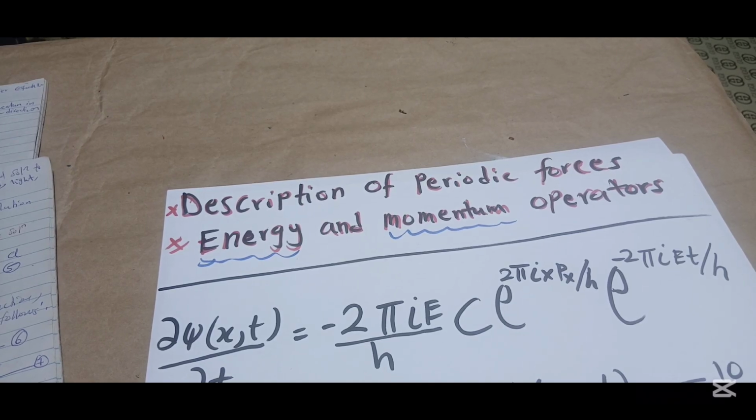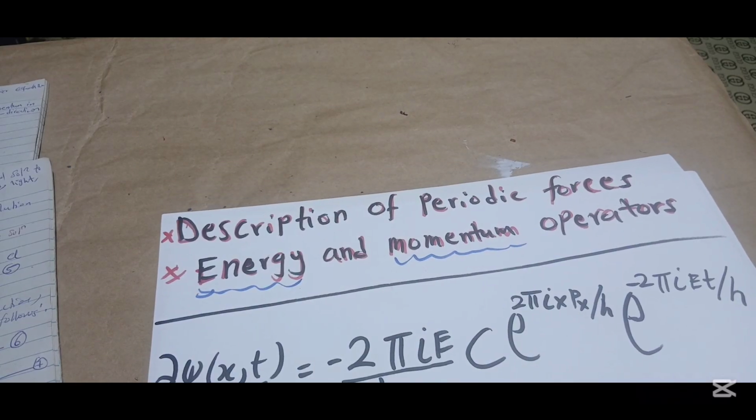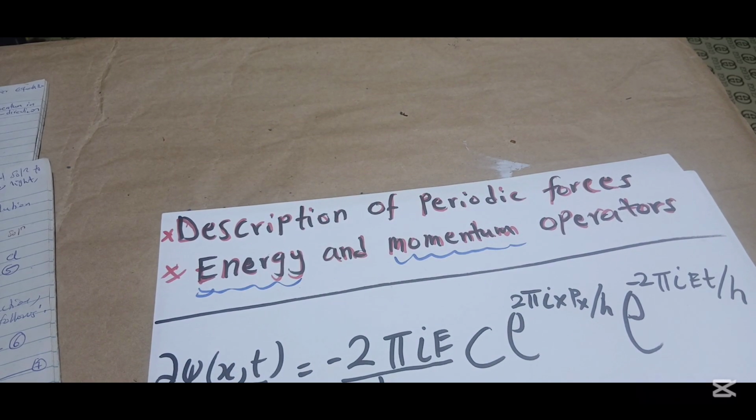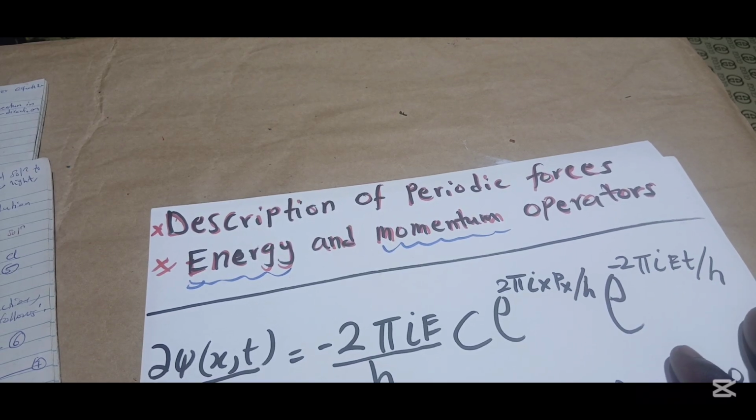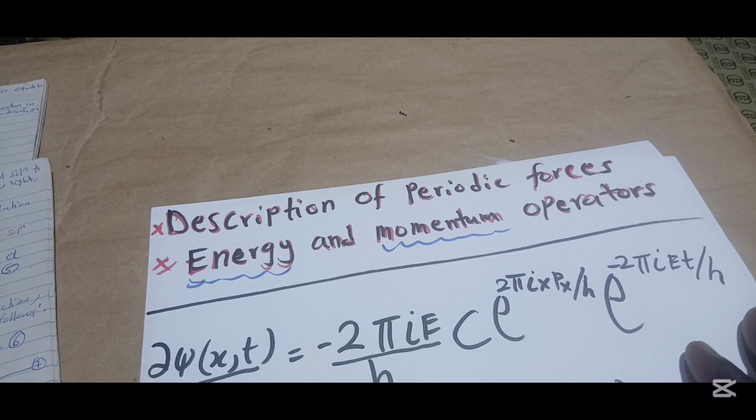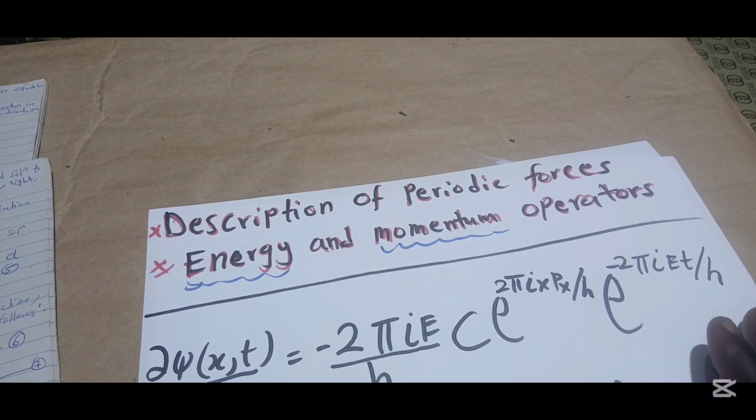So to start with, the description of periodic forces. What are periodic forces? A periodic force is one whose magnitude and direction repeat at constant regular time intervals, or any push or pull that repeats itself at regular intervals of time.